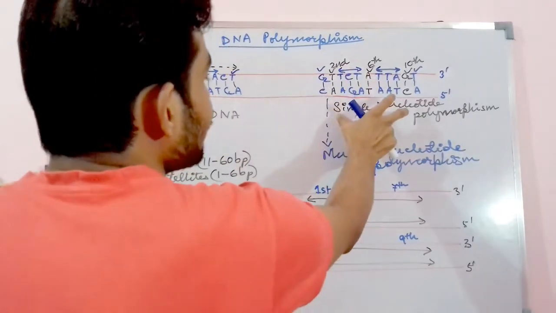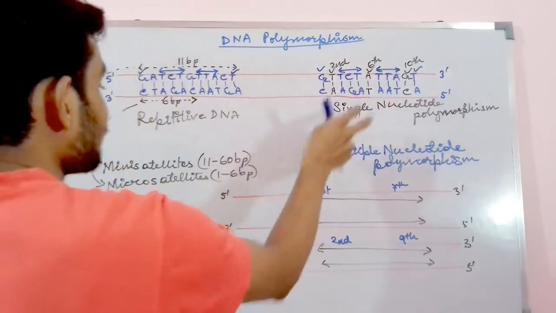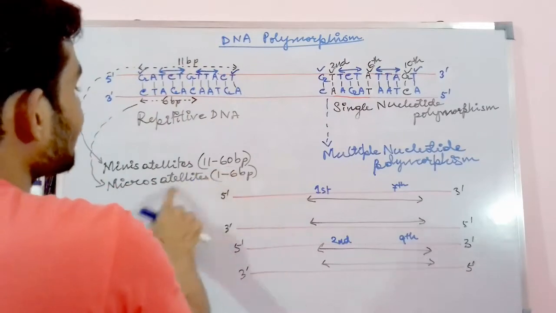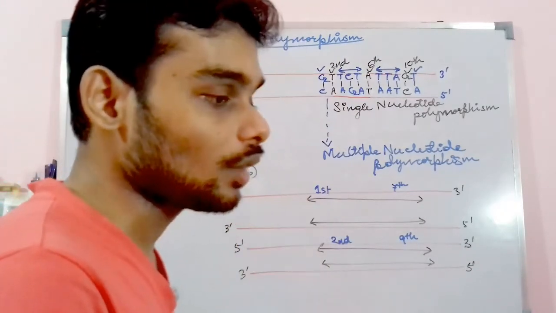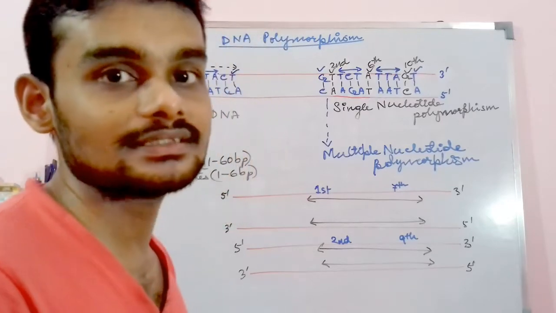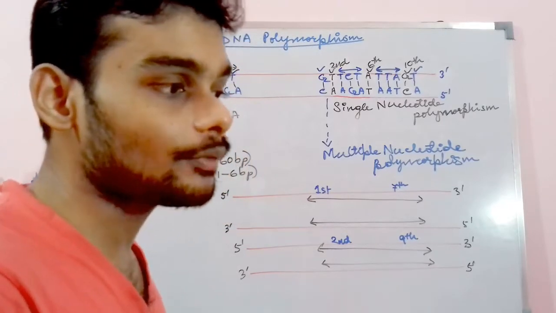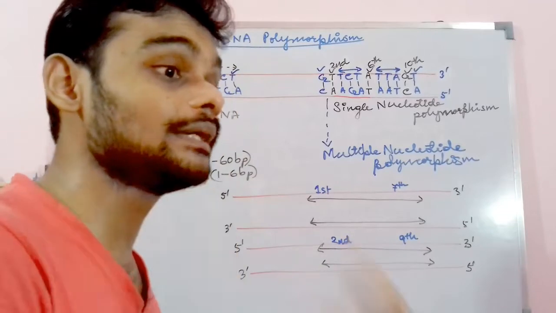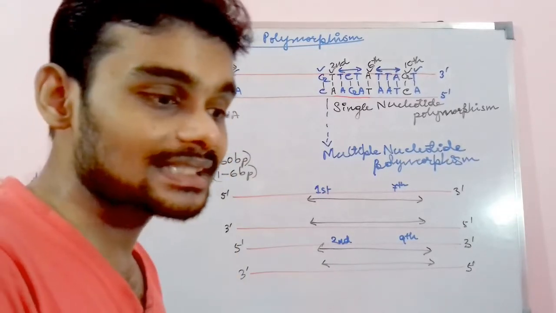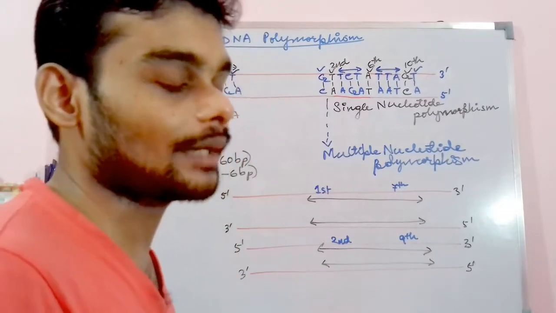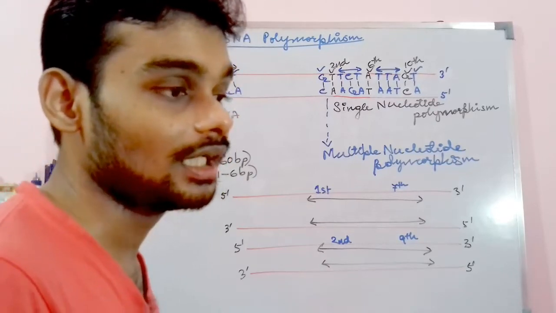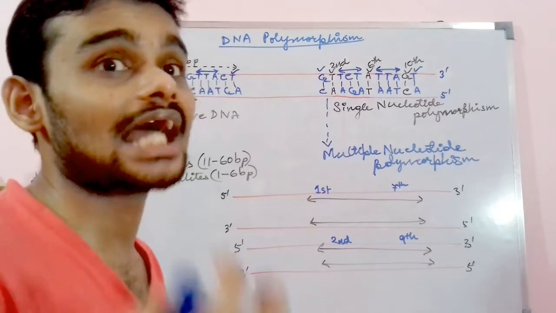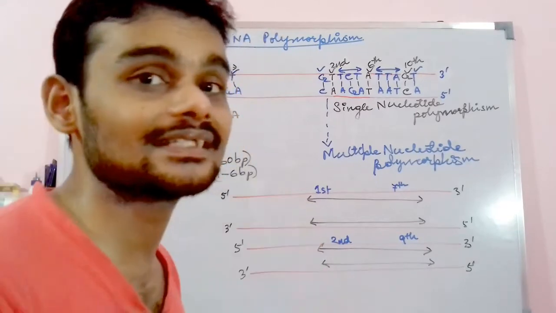And only this particular structural body, which is known as the mini satellite or the microsatellite, will show the evolutionary significance that a certain type of base pairing has been repeated with some aberrations, with some chromosomal aberrations or change in its structural conformity or structural organization. It has been repeated since time immemorial from our ancestors.